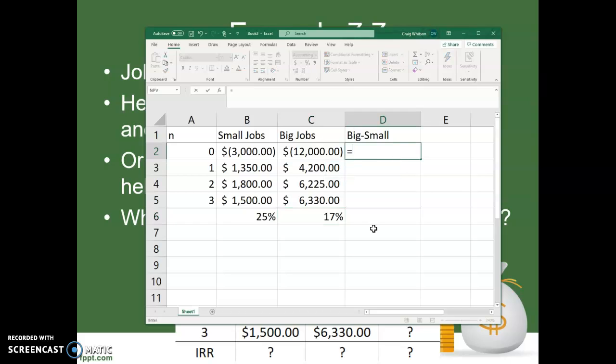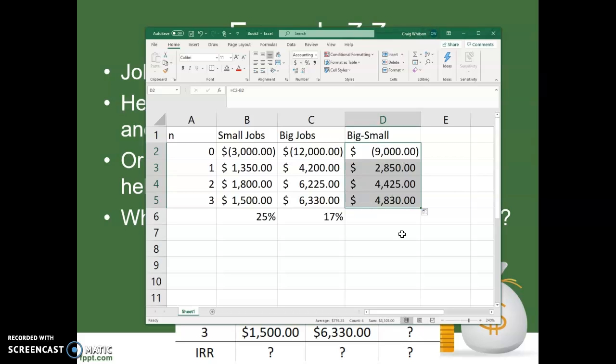We need to take the big job value minus the small job value. Do that for each year in the cash flow series. And then find the internal rate of return of that series, the cash flow series that is the difference between the big and small investment.